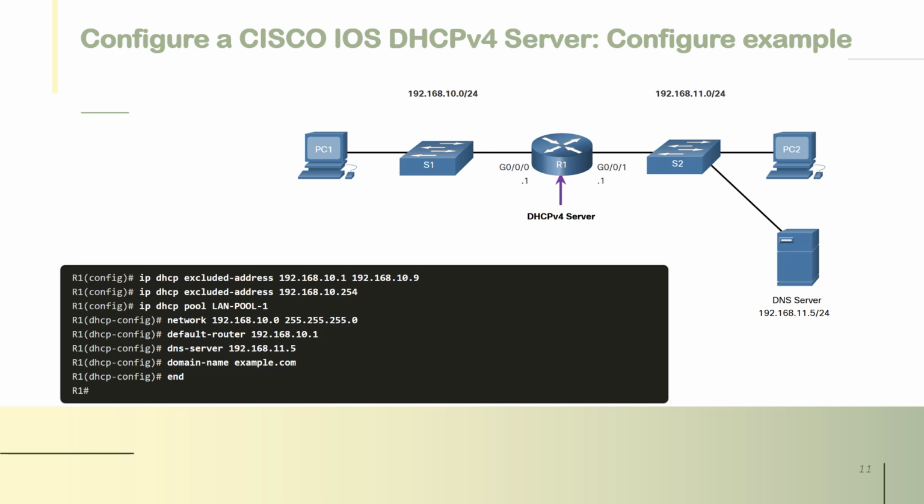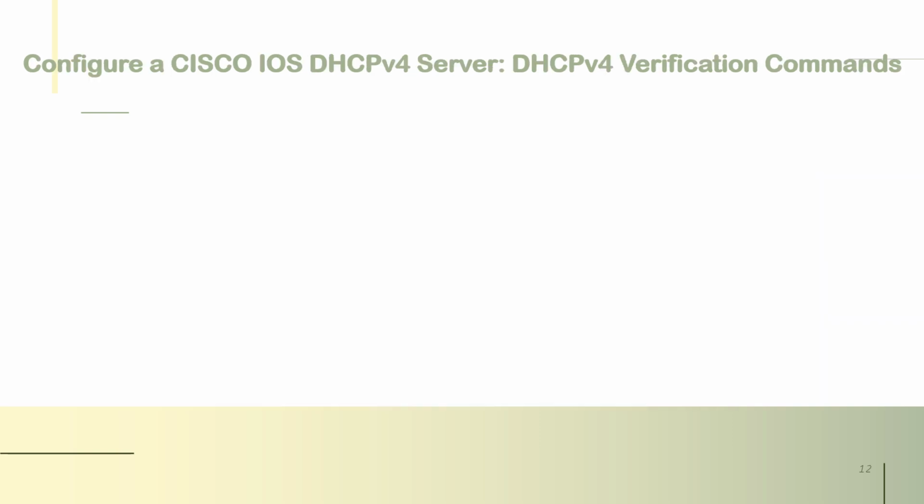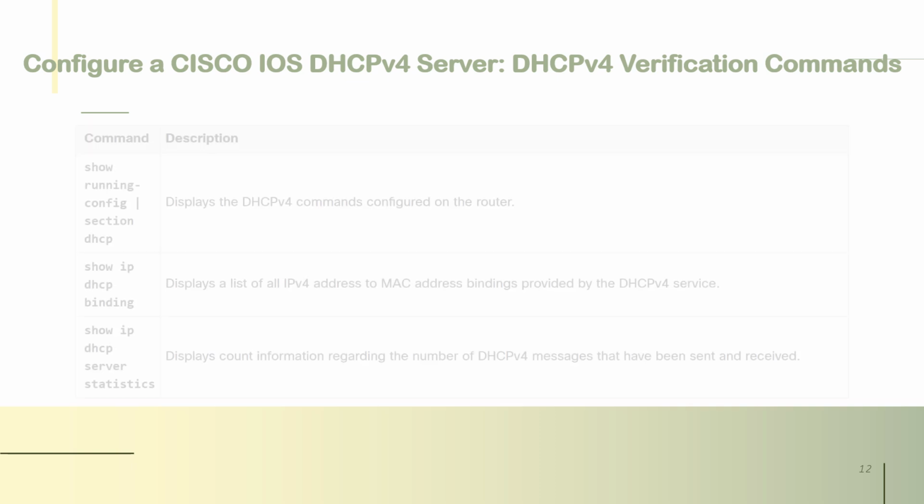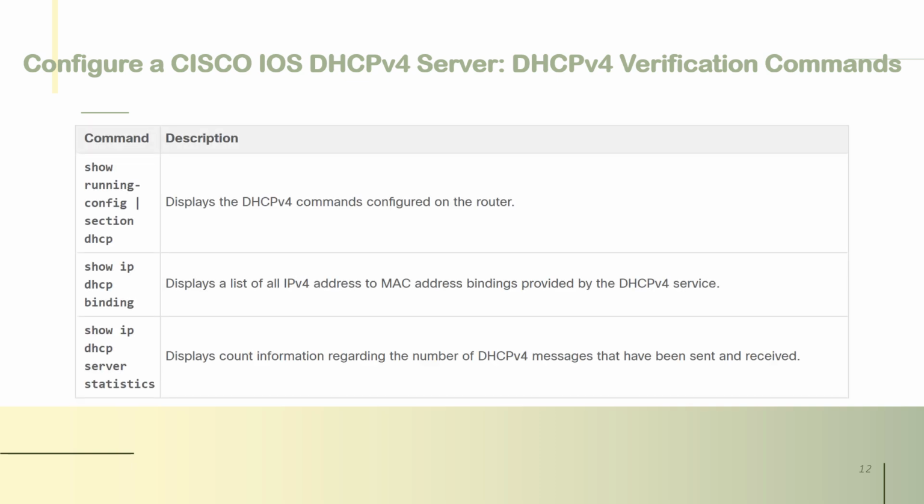And every time we do some configuration, the next step is the commands that we will use for verification of the DHCP version 4 in this case. So all the commands will be shown here in this table, and they are the commands that we will use to verify that the Cisco IOS DHCP version 4 server is operational.